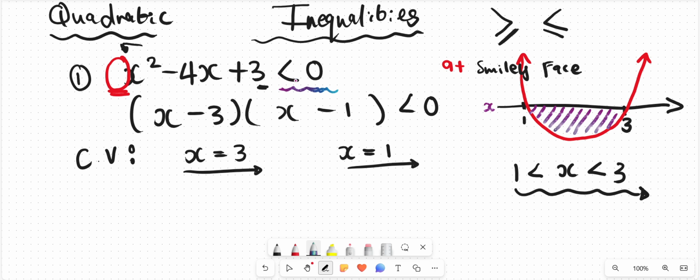If it says less than, that means we need to look below the x-axis. If it had said greater than, then we'd look above the x-axis. So below the x-axis, where is our graph? It's between 1 and a positive 3. And so we write that as a range, and this is our range. I hope that makes sense.